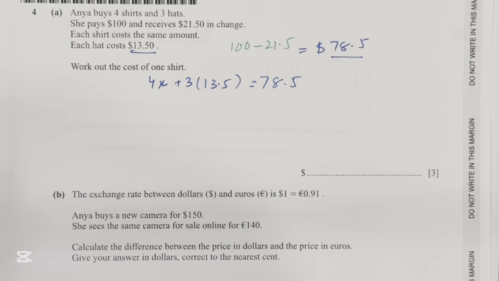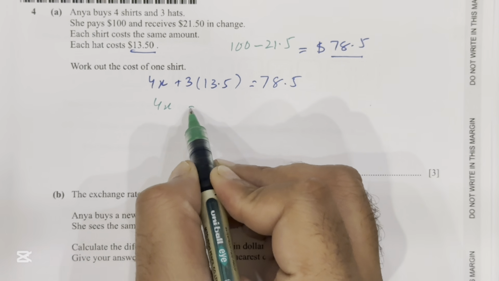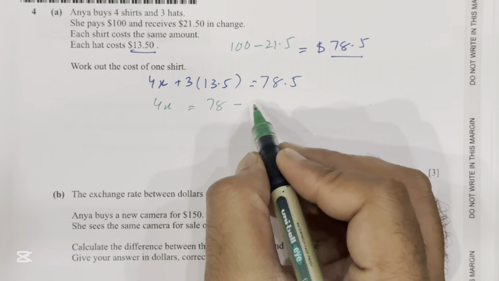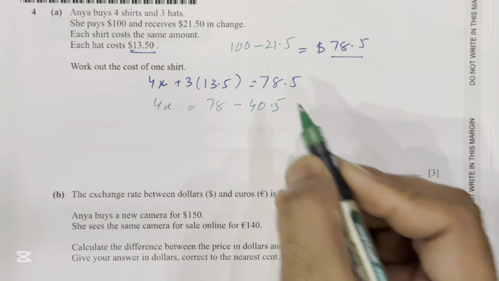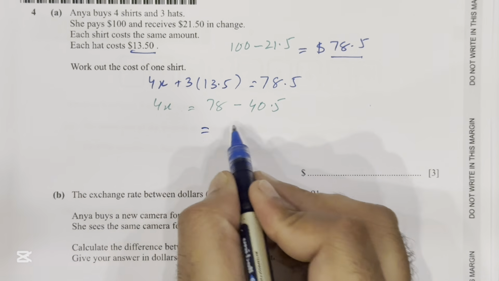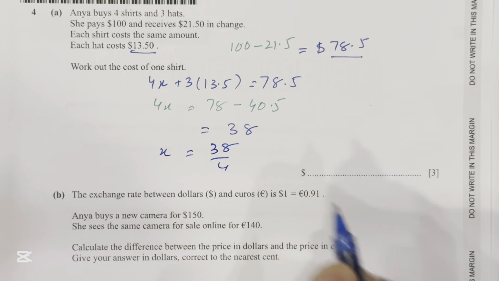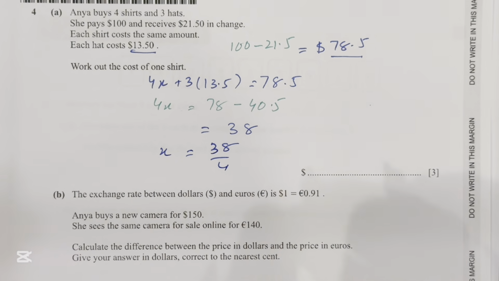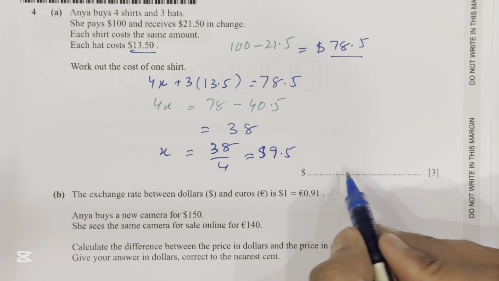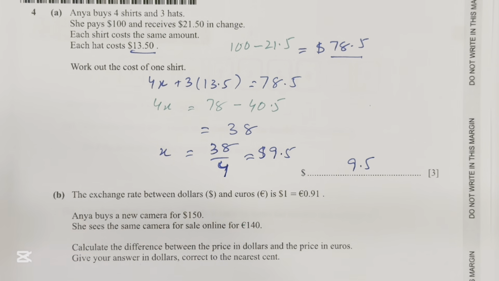Now this is the simple simplification. 4X is equal to 78.5 minus 3 into 13.5, that would be minus 40.5 on the other side. That would be equal to 38. Now you can divide 38 by 4. So we get the final answer, that is equal to 9.5 dollar. So this is our final answer for this question.